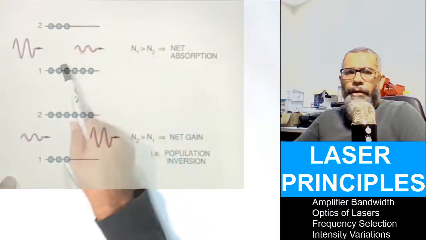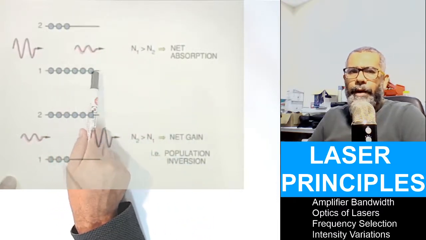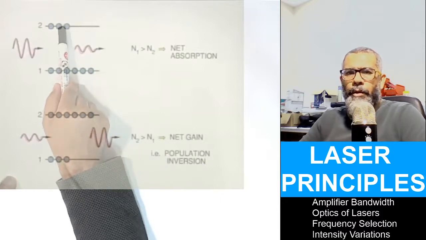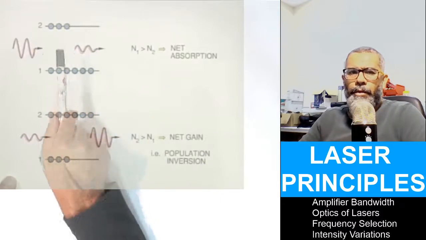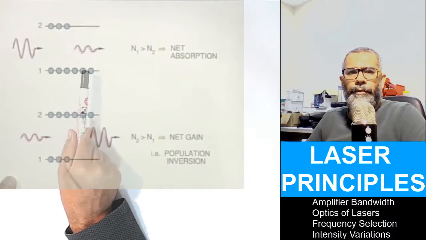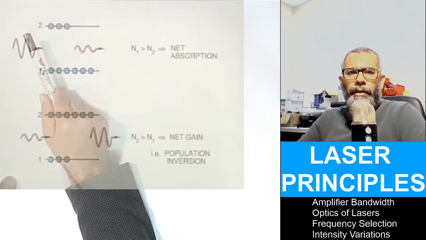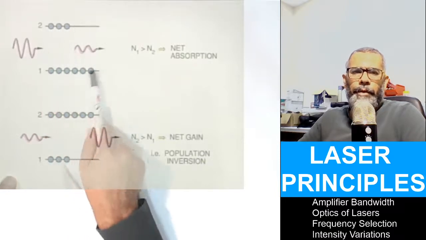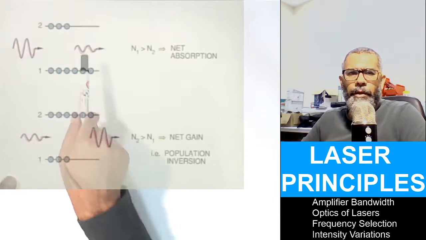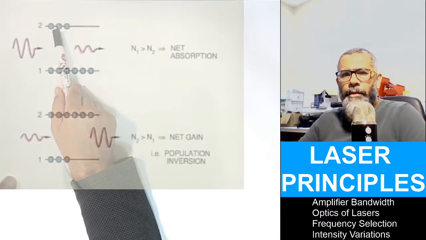What you see over here is that you have more atoms in the ground state compared to the excited state. An example over here is 1, 2, 3, 4, 5, 6, 9 atoms, but 6 of them are in the ground state, and only 3 of them are in the excited state.